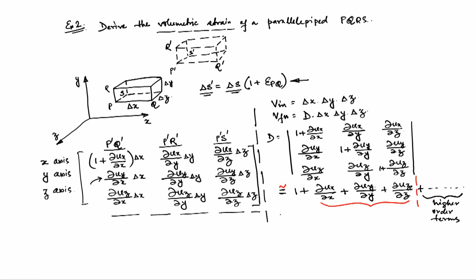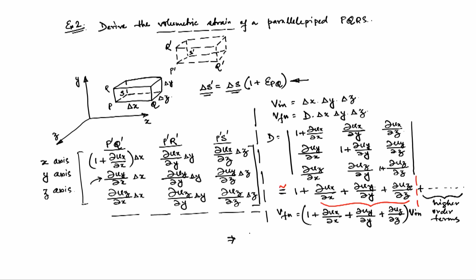Then what is the final volume? V final is equal to 1 plus the sum of these terms times V initial.